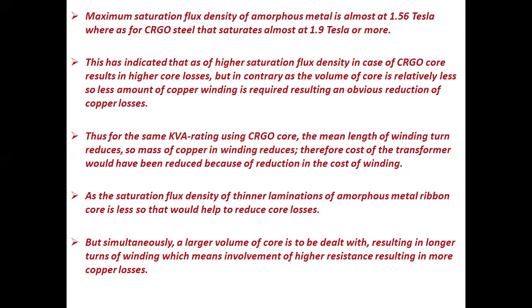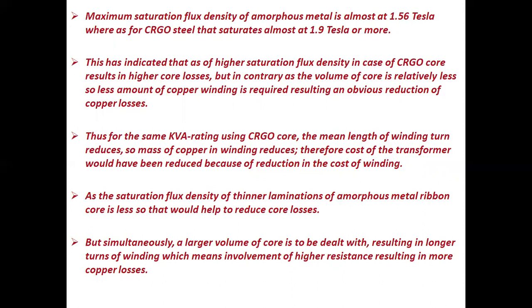This has indicated that as of higher saturation flux density in case of CRGO core results in higher core losses, but in contrary, as the volume of core is relatively less, so less amount of copper winding is required, resulting an obvious reduction of copper losses.